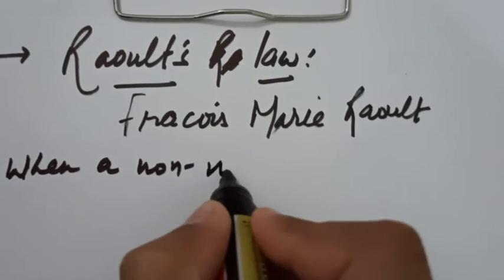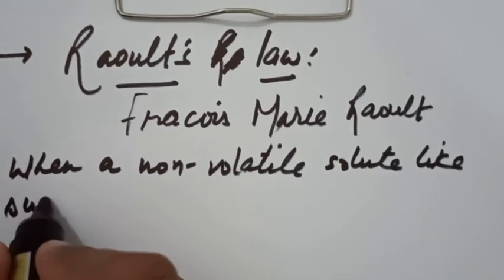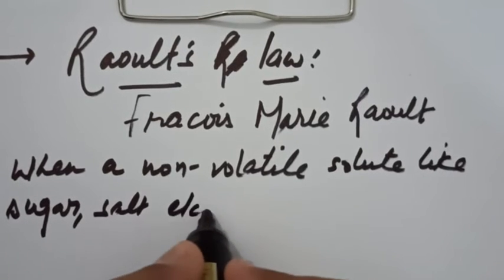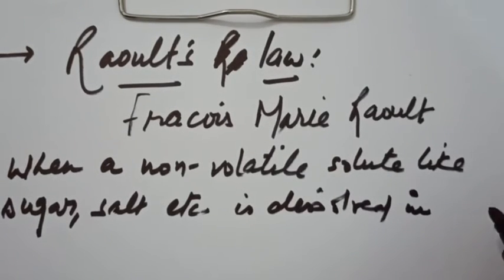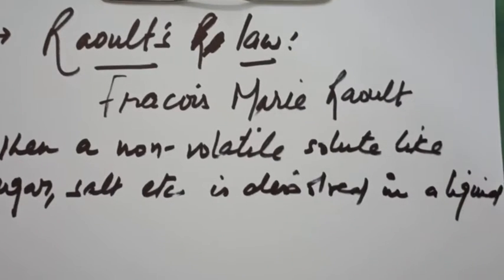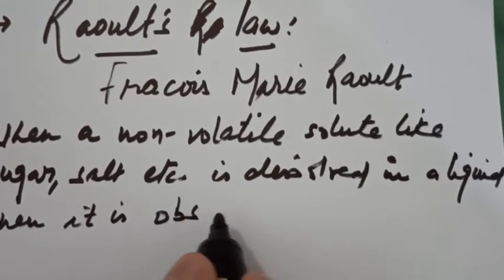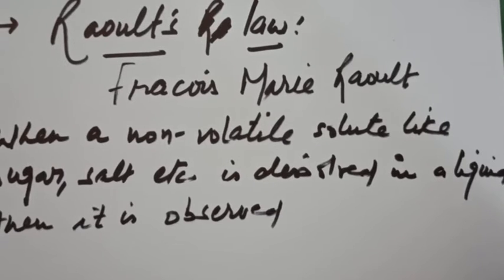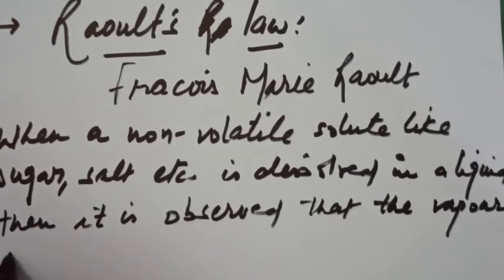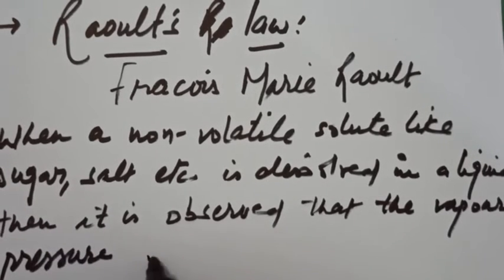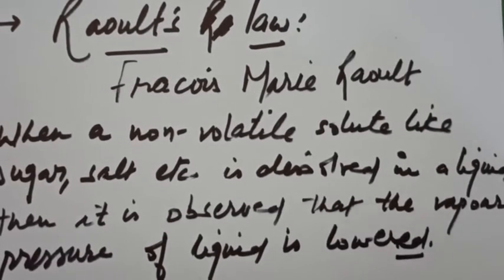So according to this law we can say that when a non-volatile solute like sugar, salt, etc., urea you can also mention it, is dissolved in a liquid, then it is observed that the vapor pressure of the liquid is lowered.